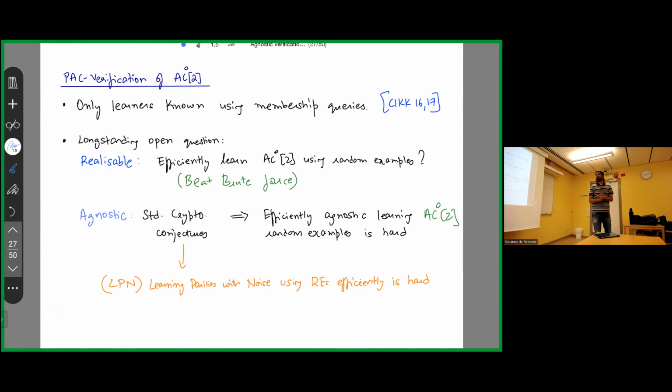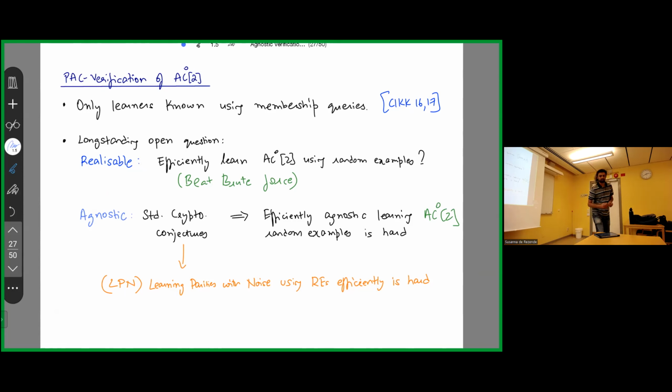For AC0 parity, it is an improper learner. This is again inherited from CIKK itself. So what is the object that I get? An NC2 circuit, NC2 with threshold gates on top. It has a lot involved, but anyways, it's at least NC2. So it's an improper learner in this case.